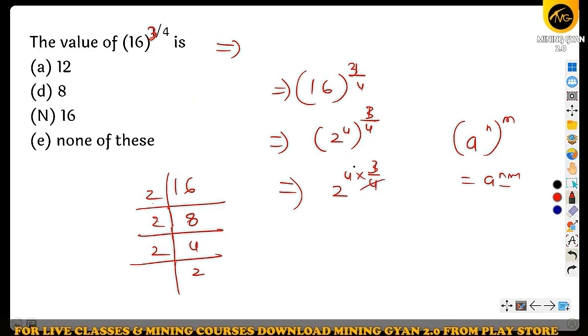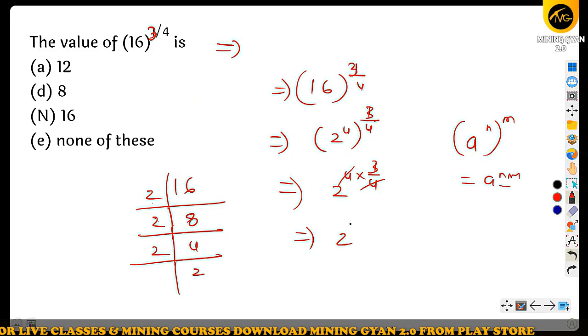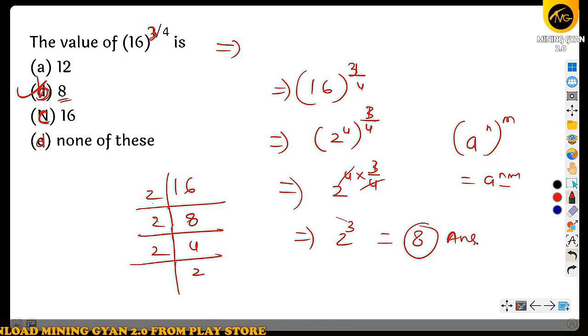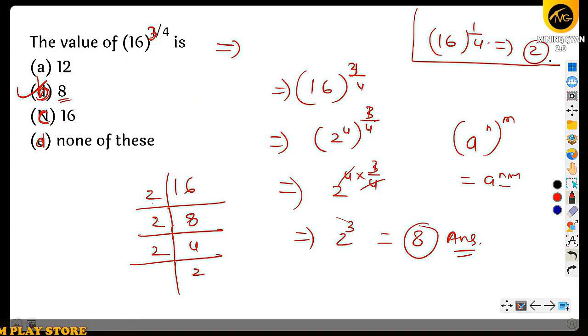Now 4 and 4 cancel and 2 power 3 is equal to 8. Now the answer is option B, and that is 8. And if the question is 16 power 1 divided by 4, in that case 2 is the answer. Correct? So this is the basic question related to indices.